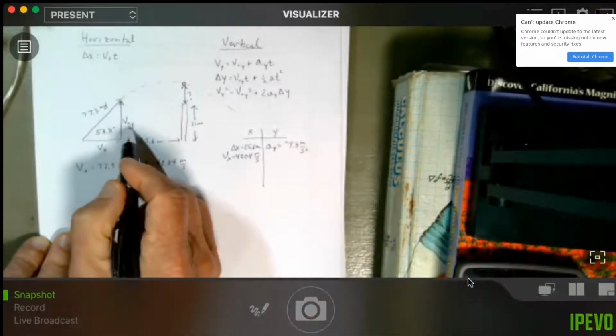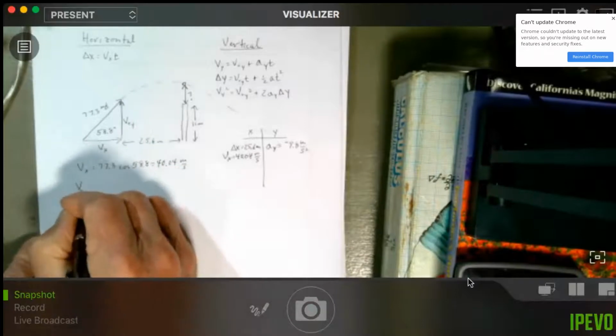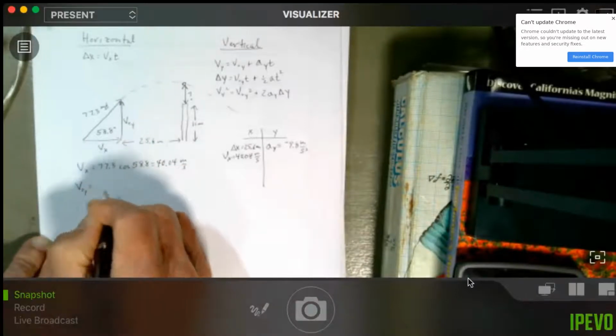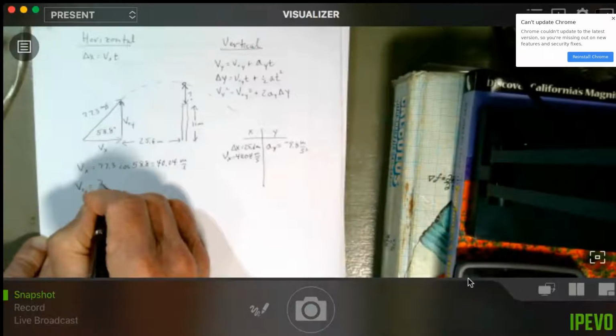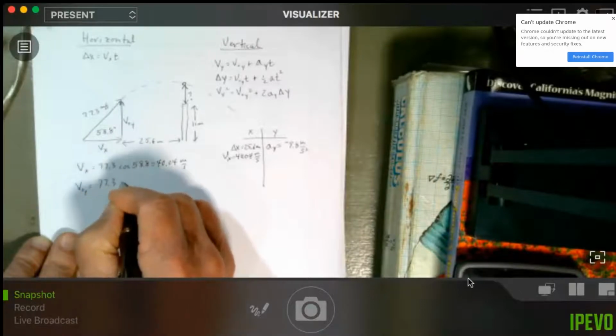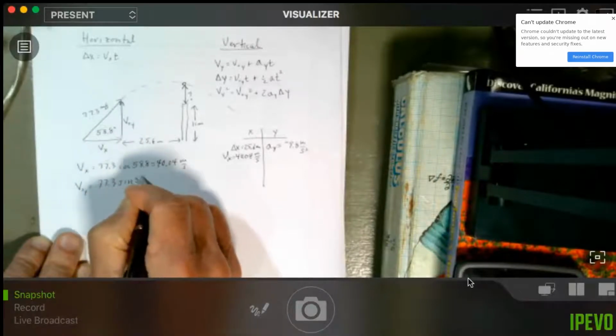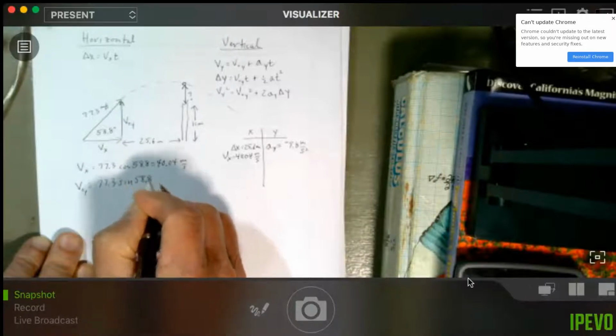We can also get this initial velocity in the y direction. So V0Y is that same overall 77.3, but this time times the sine of 58.8.